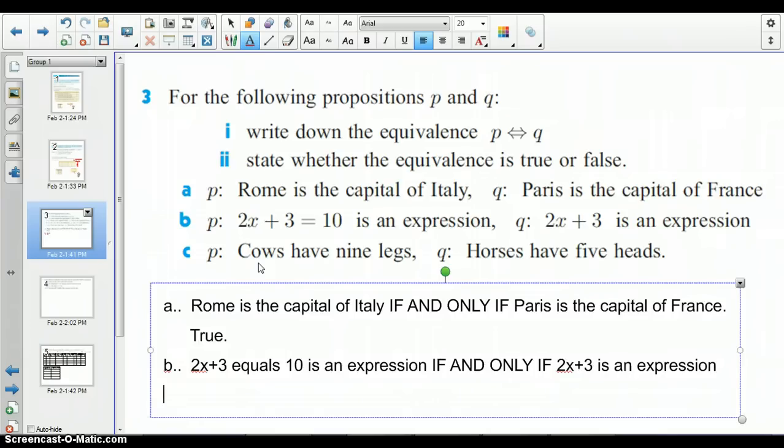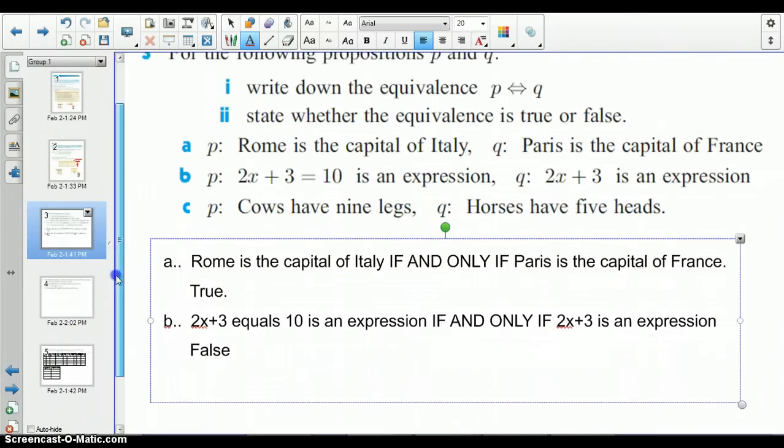Now, is this equivalence true? No, it's not. It is false. 2x plus 3 equals 10 is not an expression. It's an equation. 2x plus 3 is an expression. It is true. So we have a false value here and a true value here. Our equivalence is false.